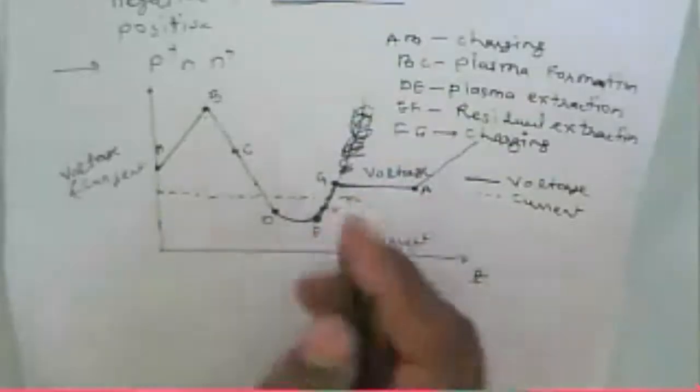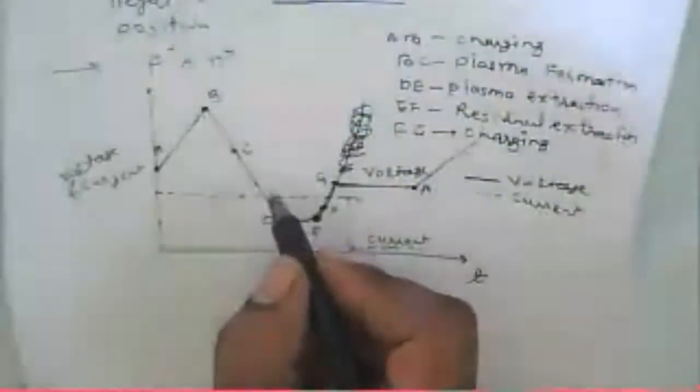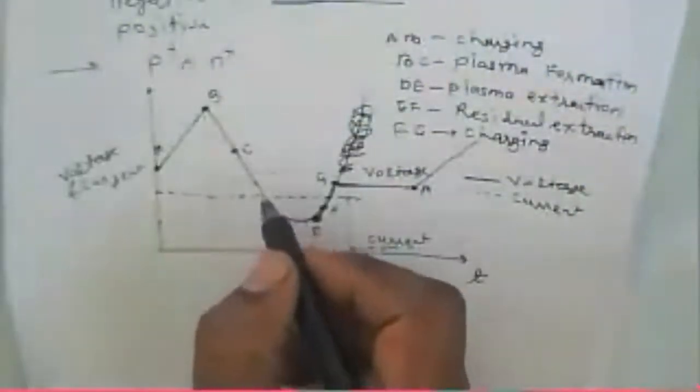So a trapped plasma diode can be used in a transit time mode, because we have the discharge time and a particular transit time in terms of this timing.